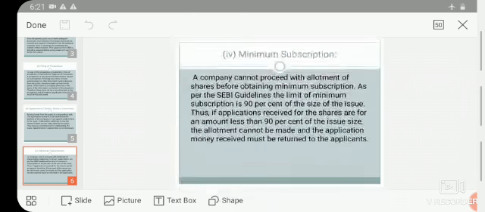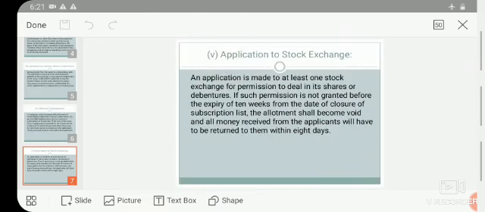So next comes application to the stock exchange. This is the fifth step to be followed by the company. An application is made to at least one stock exchange for permission to deal in its shares or debentures.